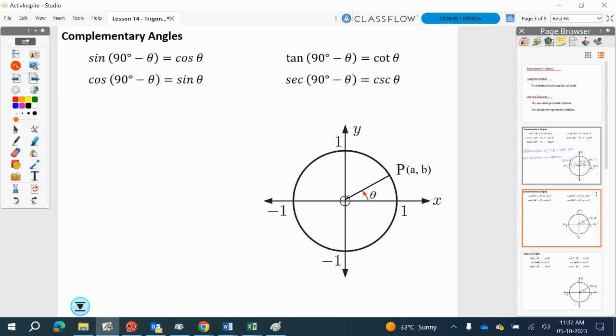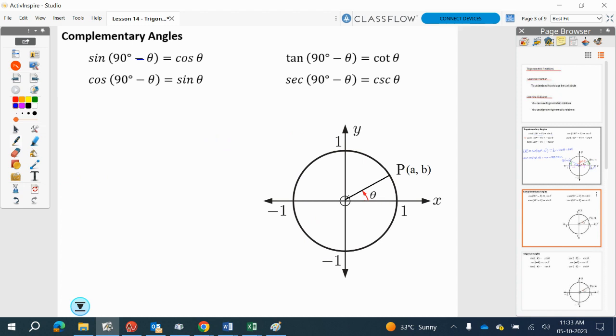All right. So complementary angle theorems. Let's have a look at the first one. The sine of 90 minus theta is equal to cosine theta. So the first thing we need to do is see which angles are involved in this question. We have theta involved, and we've already got this one drawn. So what we need to start with is 90 minus theta.